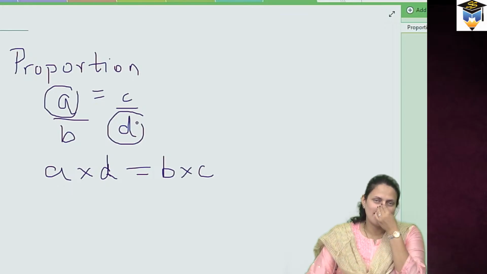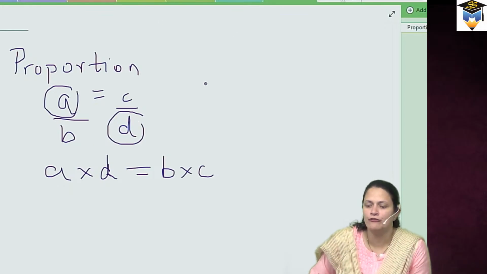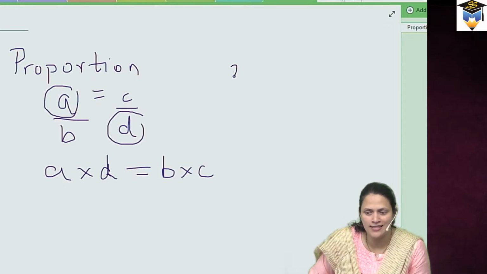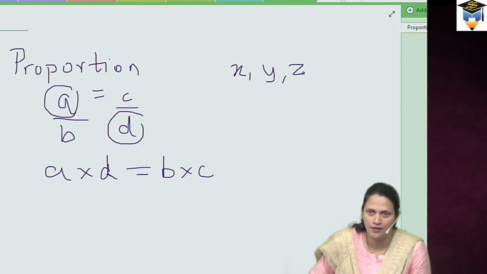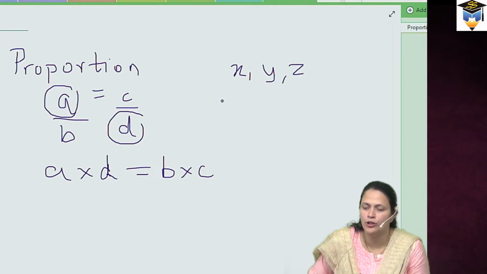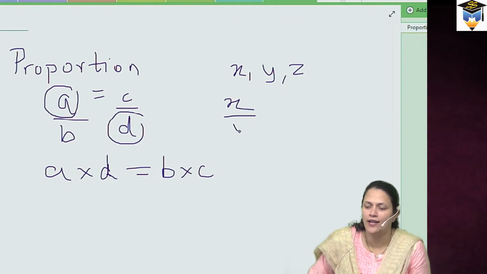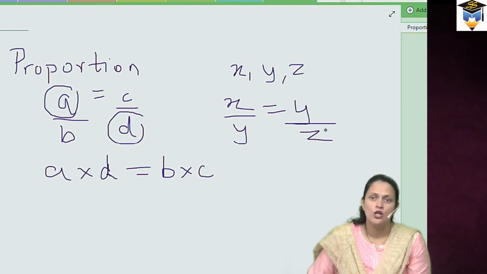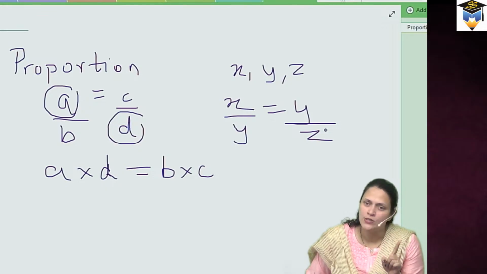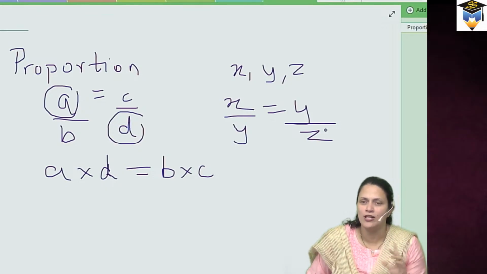Okay, so the difference is that suppose I am going to give you three numbers x, y, z which are in proportion. So how am I going to write them? As x by y is equal to y by z. So what is the meaning of this? Y square will become equal to the product of the extreme values.